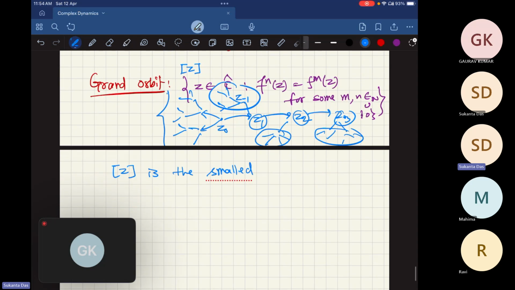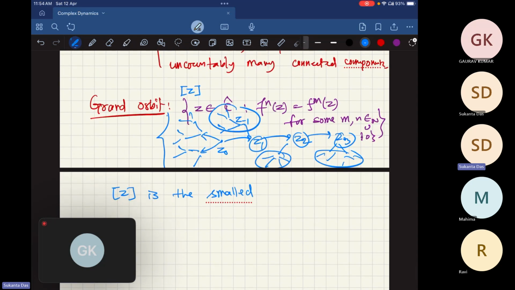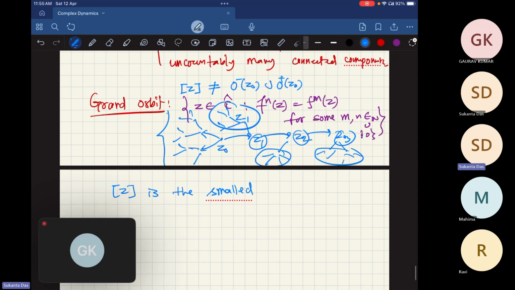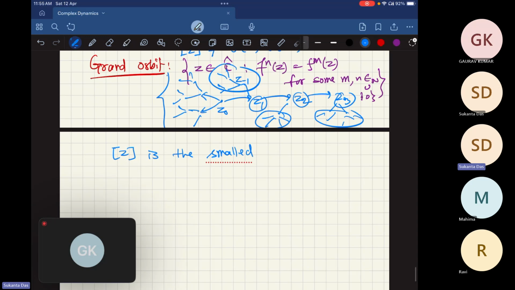So it is forward invariant. And one has to be careful that this set is not exactly equal to the forward images union backward images, because there are more points other than these two sets. So this set is the smallest completely invariant set containing z.